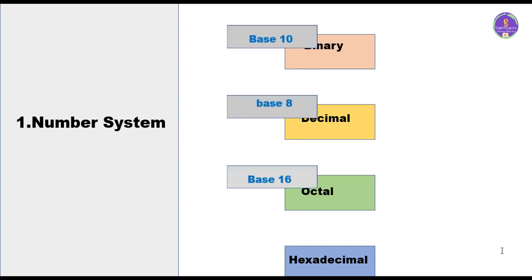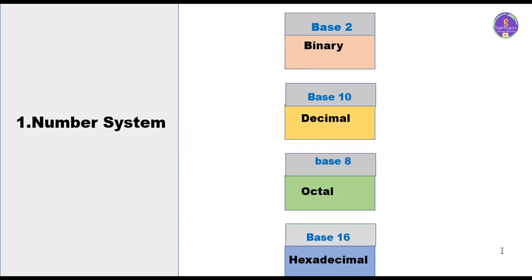Let's observe that. So binary number system is having base as 2, whereas when it comes to decimal number system, the base is 10, and octal number system, the base is 8, and hexadecimal number system, the base is 16. That means in binary number system, you can have only two numbers, that is 0 and 1.